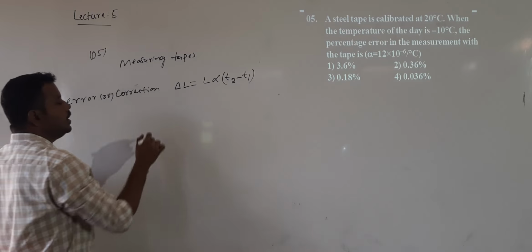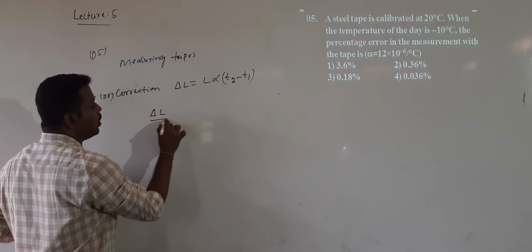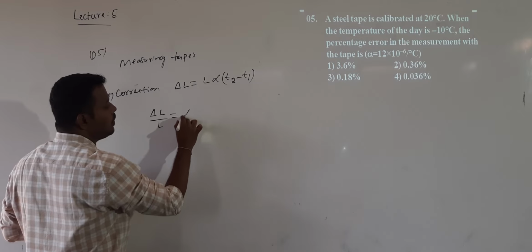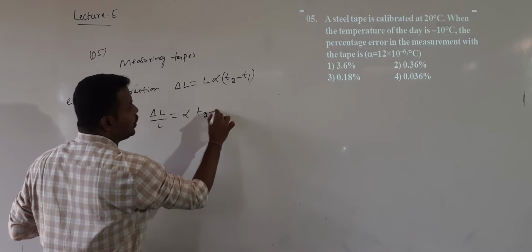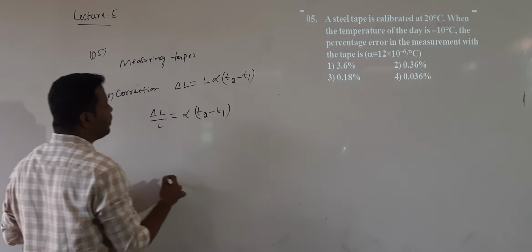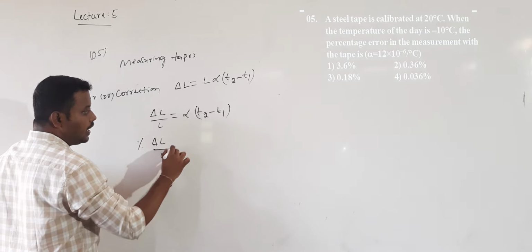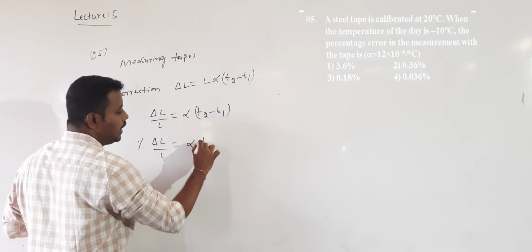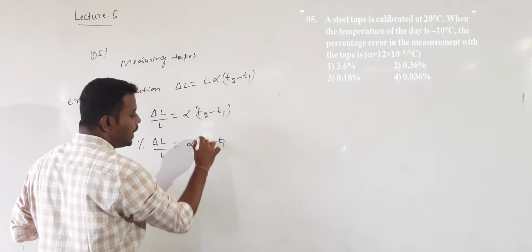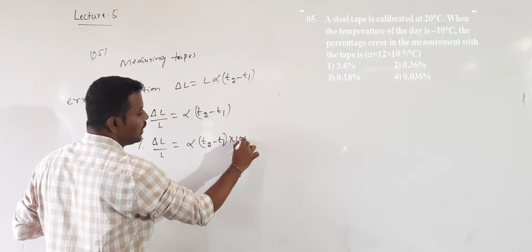So then they want the percentage value. Delta L by L is equal to alpha into (T2 minus T1). If I want to calculate the percentage of error, delta L by L is equal to alpha into (T2 minus T1) into 100.